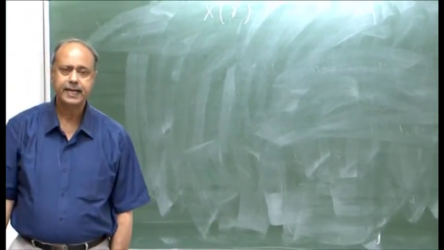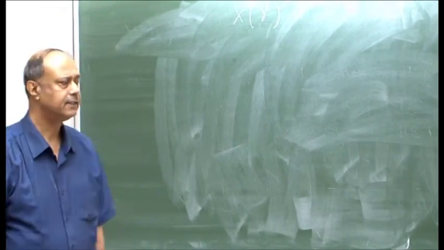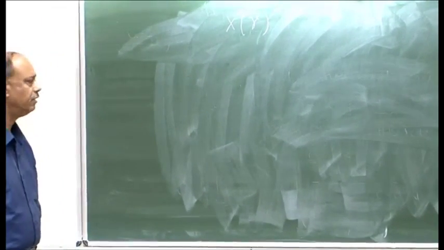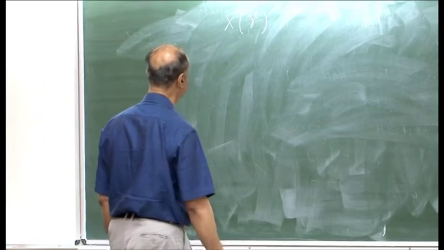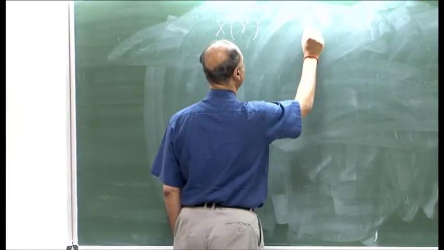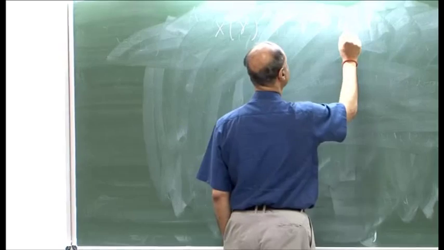Let us assume that x gamma is the gammath lexicographic permutation of r elements out of n.